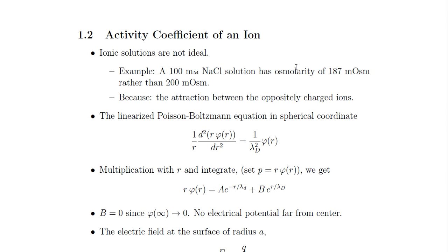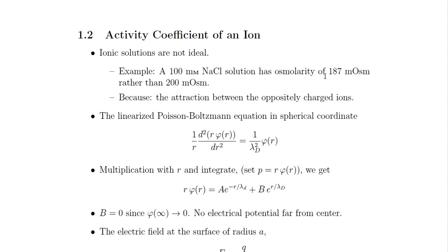So we are supposed to have 200, but it is only 187 ions in the solution, because of the attraction between the opposite charges.